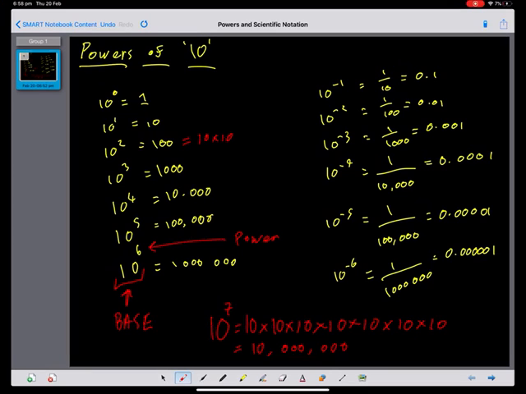The same principle applies when we are using decimals. So for instance, 0.1 is 1 divided by 10, and that's represented as 10 to the minus 1.